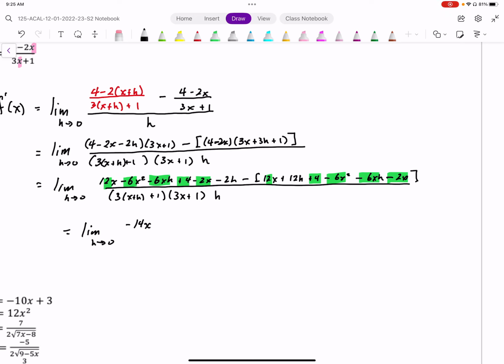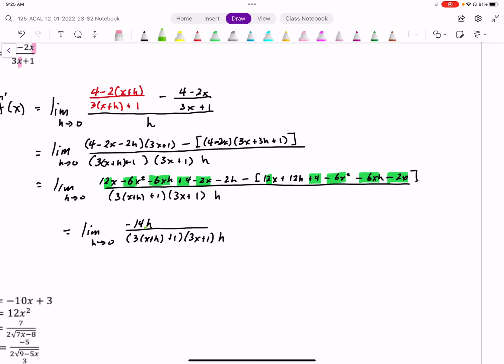Oh, no, wait a minute. That's not 14x. That's going to be 14h. Okay, the 2h minus 12h, so minus 14h. And it looks like that's the only term that's going to be left, so that makes it easy to cancel out that h term. So we get 3x plus h plus 1, 3x plus 1, all times h.